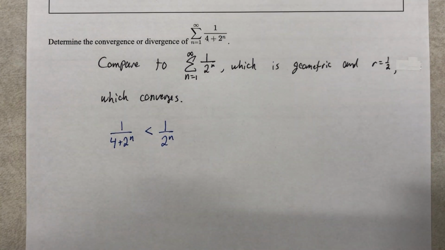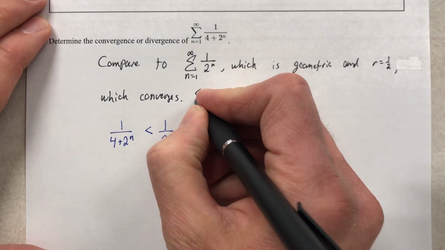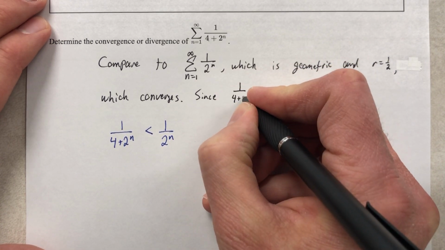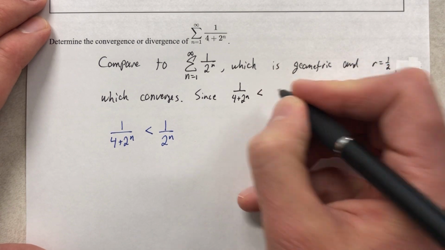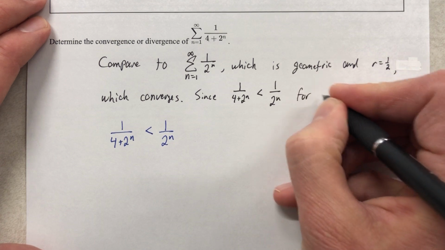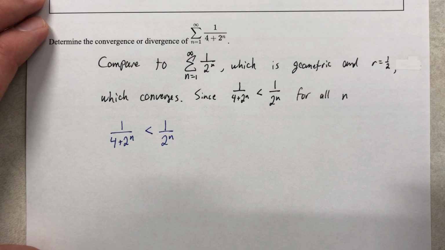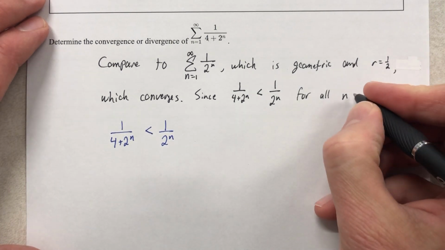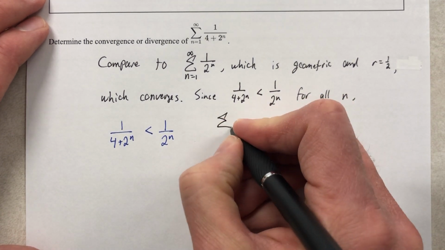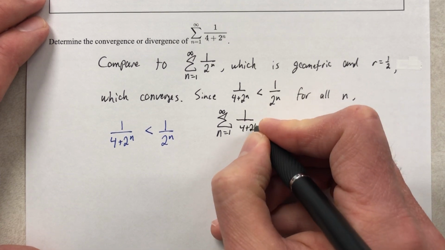Barely had to do any math whatsoever. Which converges. Since 1/(4 + 2^n) is less than, but never actually equal to, (1/2)^n for all n, for all n's that truly matter, particularly because, you know, it's 1 to infinity, this series that they gave us also converges.